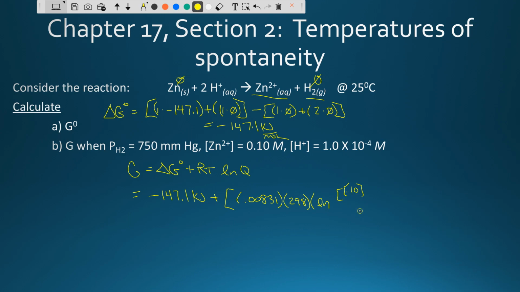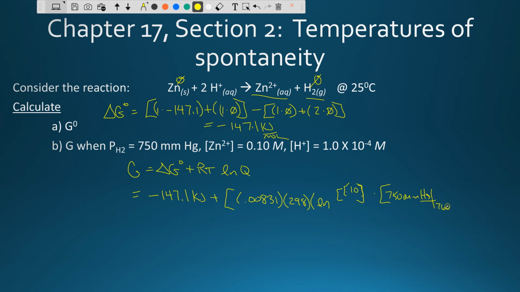I guess I've got a double bracket there. That's okay. 0.1 times my pressure of my hydrogen, and my pressure of my hydrogen was, let's see, what do I have here? Oh, here it is, 750 millimeters of mercury. Now be careful, because I have millimeters of mercury, that needs to be in atmospheres.